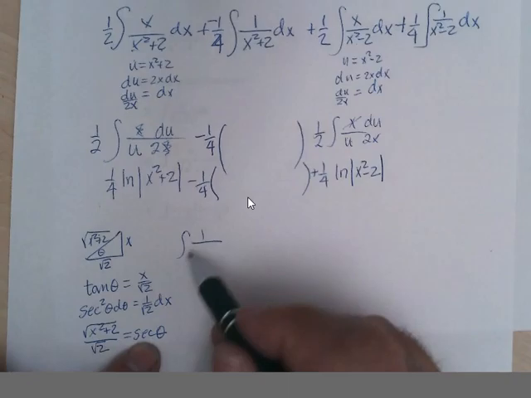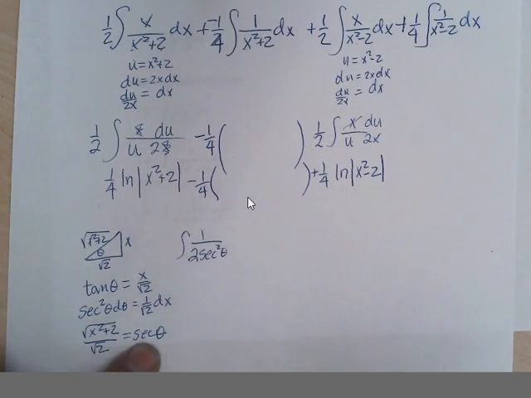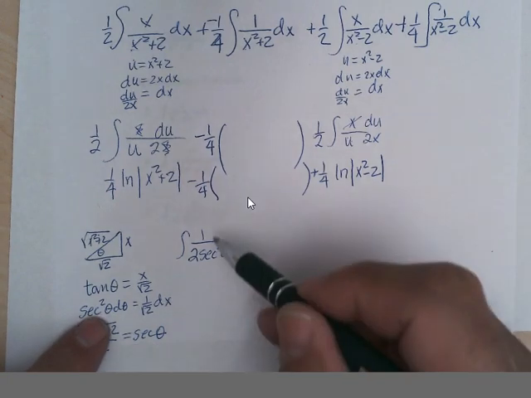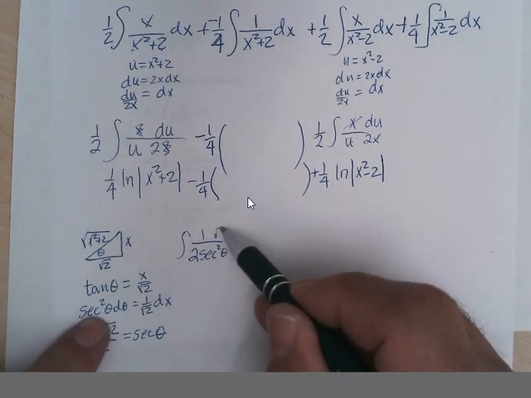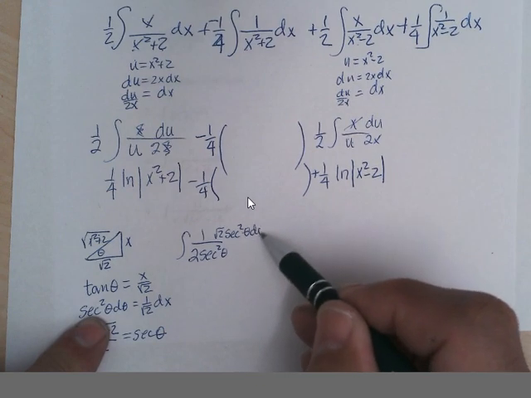So it becomes 2 secant squared theta, and the dx is square root of 2 secant squared theta d theta.